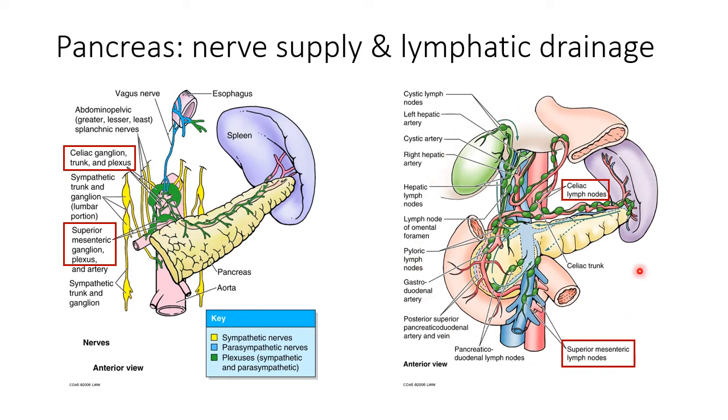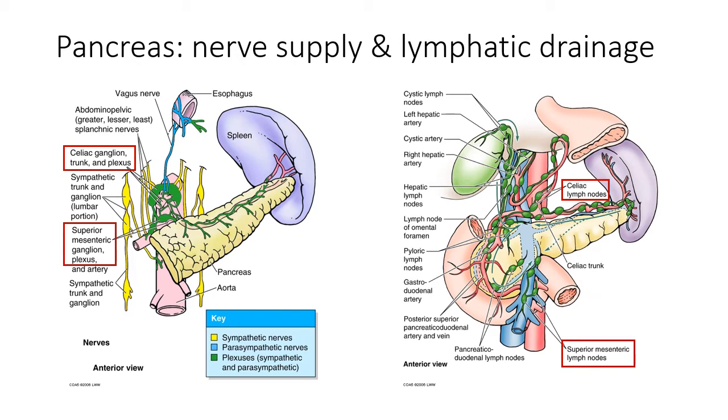Likewise, the lymphatic drainage of the pancreas eventually goes to the celiac lymph nodes around the celiac artery, but part of it goes to the superior mesenteric lymph nodes around the superior mesenteric artery.